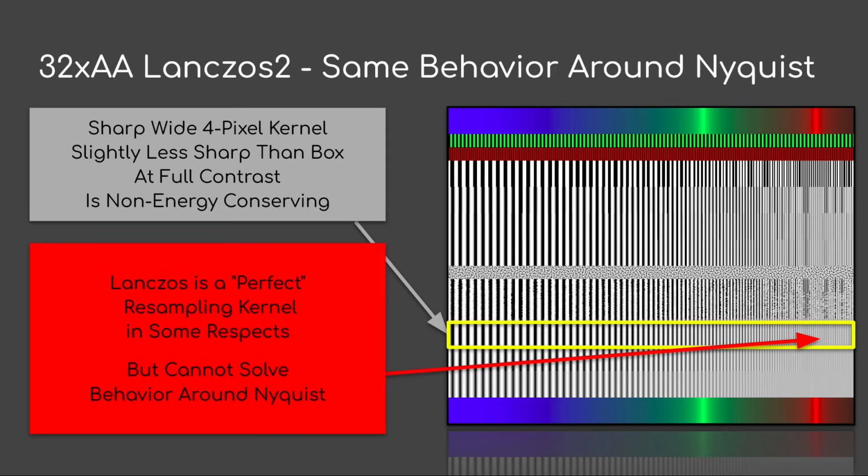It's just being clipped, so it's not fully energy conserving. You'll notice that in the Nyquist area, we're getting the same behavior that we got with the box filter. So we can't necessarily solve it by keeping peak frequency with a filter like Lanczos 2. Lanczos 2 is a perfect resampling kernel in many respects. It's imperfect in that its length is truncated.